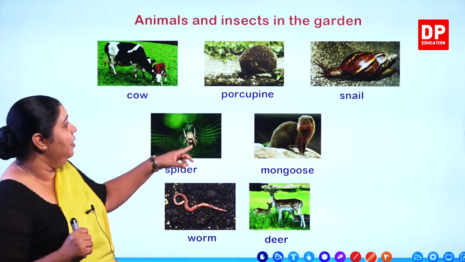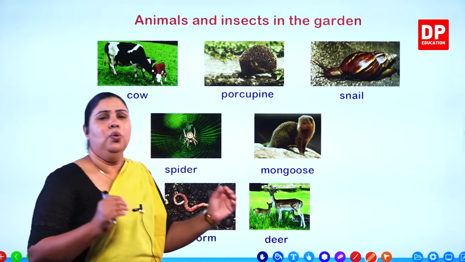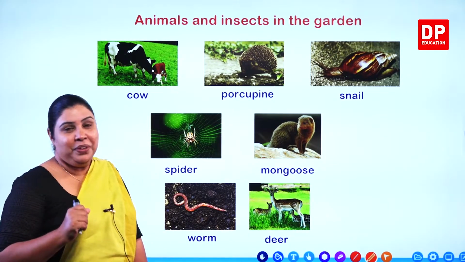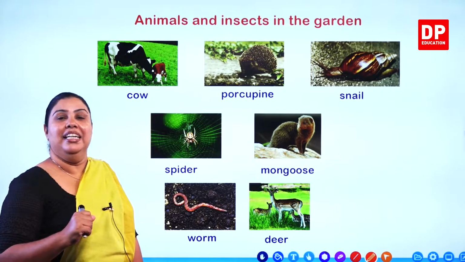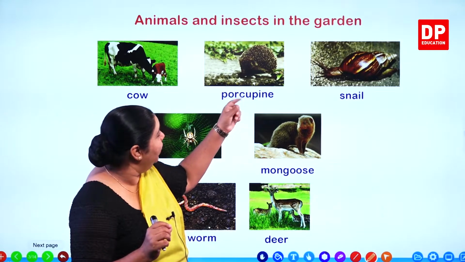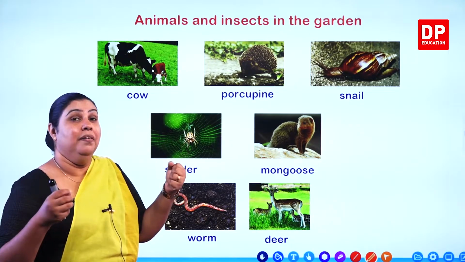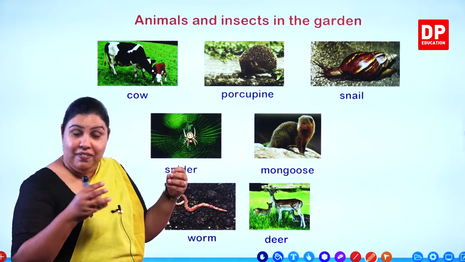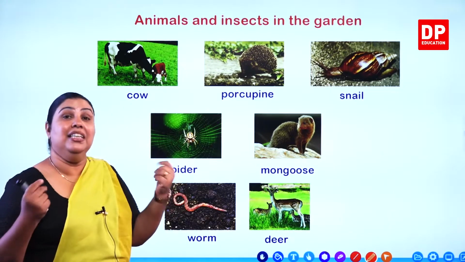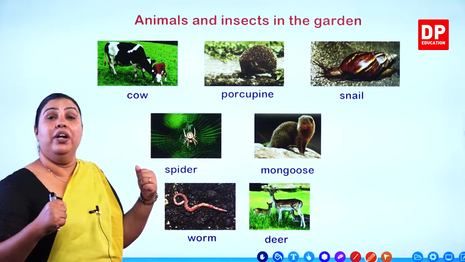Then we have porcupine. Now like the word iguana, who is the porcupine? Yes, in the morning you can see these sharp pointed spikes, just like feathers. Those spikes fall and you can see them in the morning in your garden.